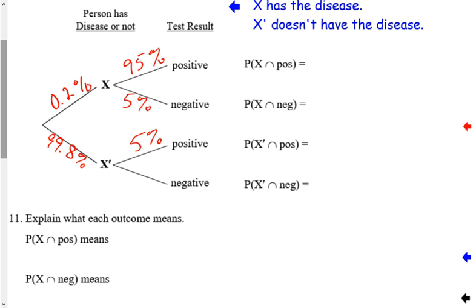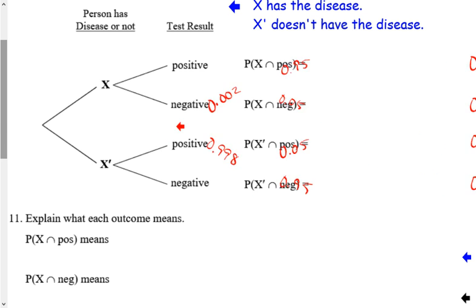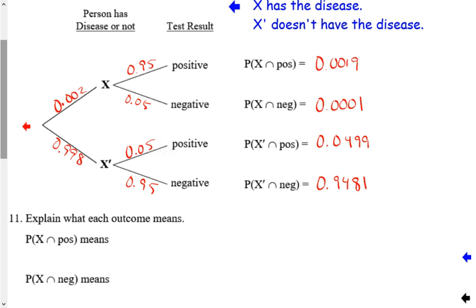So here we have 95% of the time the test is right, which means somebody doesn't have the disease, and the test tells them they don't have the disease. So that's how we would fill in the tree diagram for these probabilities. I'm just going to replace them with the decimal forms to use in the calculations, and that's what we would have.